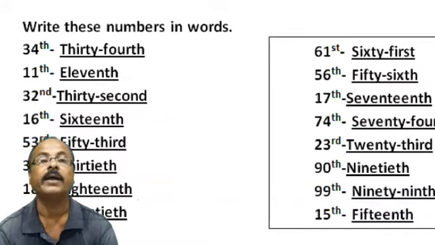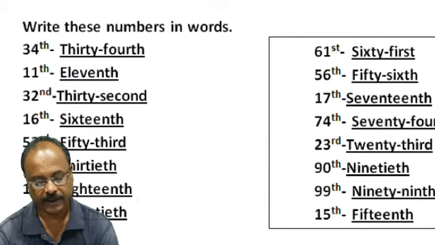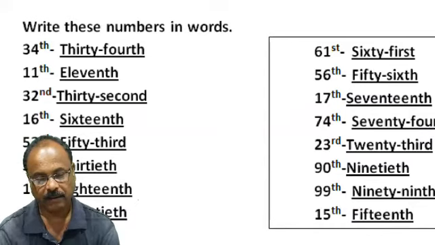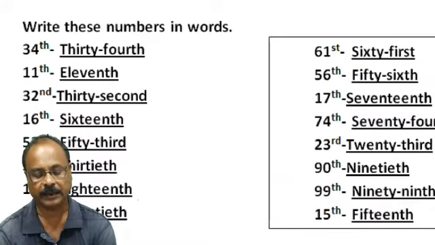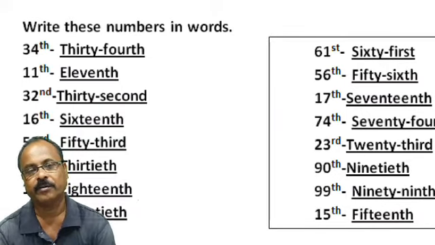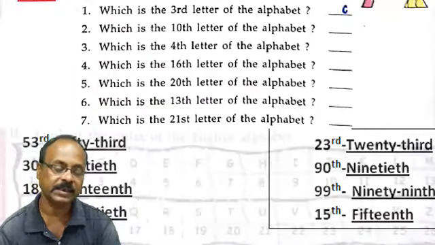Then comes 90. 90th. 99 is written in words ninety hyphen ninth. Then comes 15. You should write 15th. Then next question.